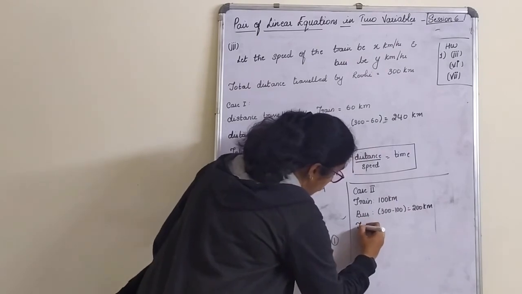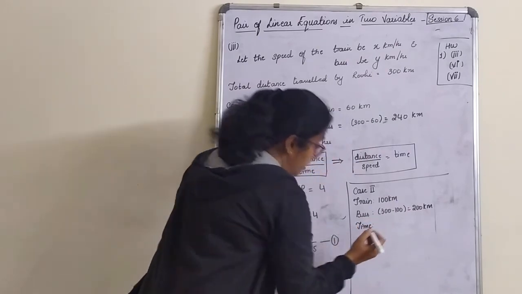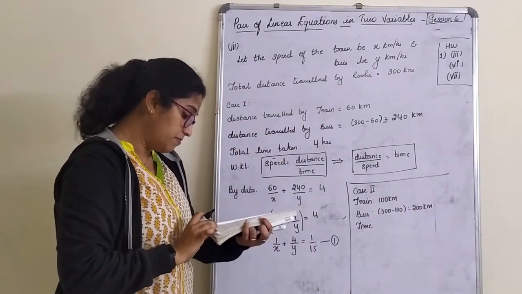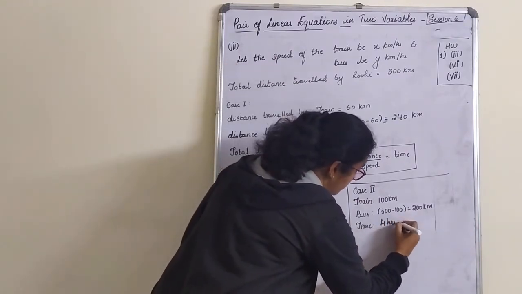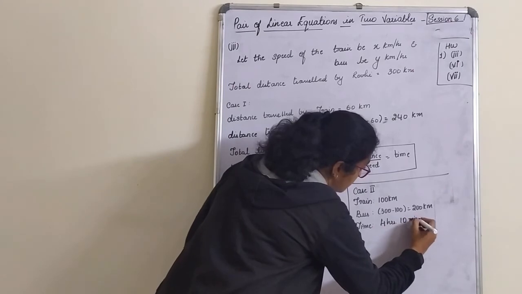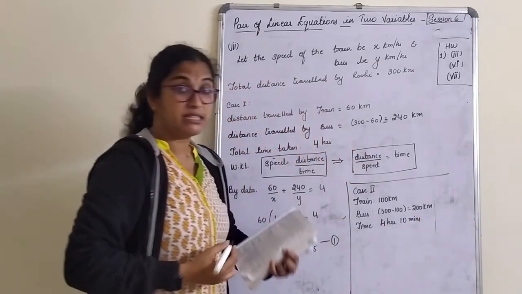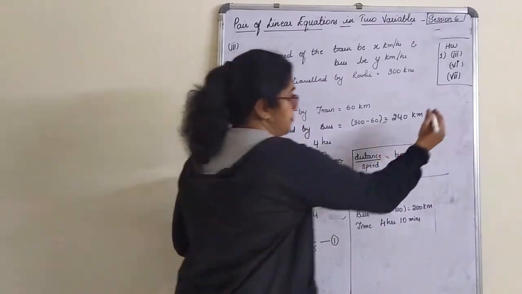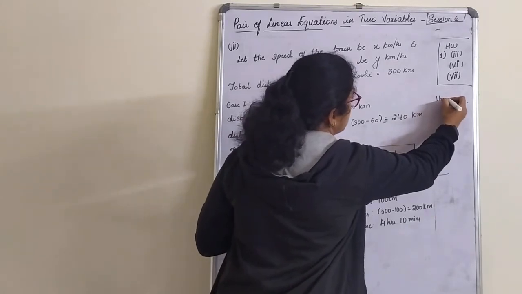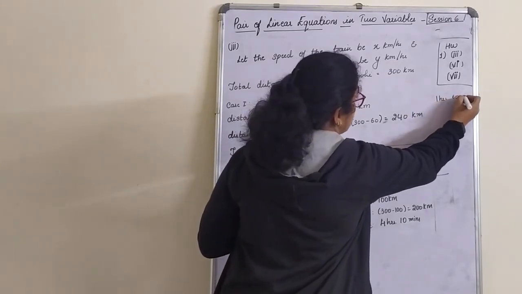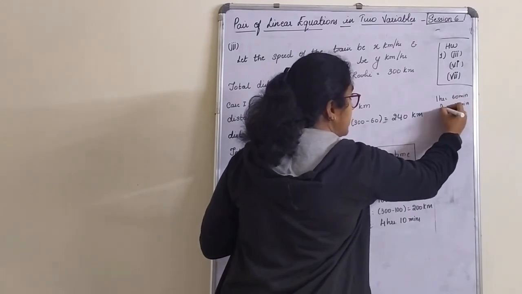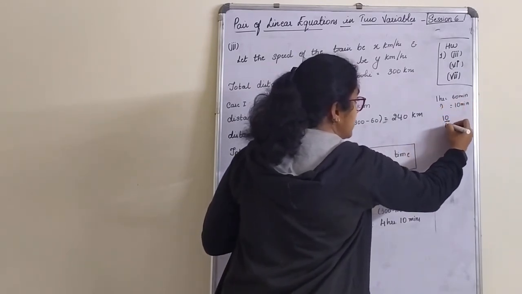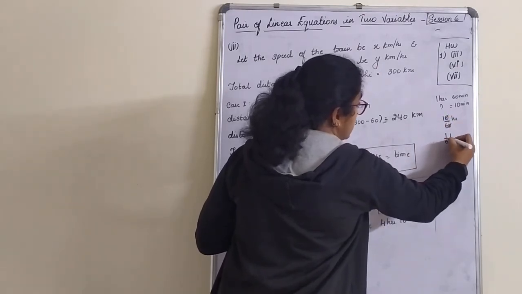Time taken is how much? Time taken is 10 minutes longer, so this is 4 hours 10 minutes. How to write this 10 minutes in terms of hours? 1 hour is equal to 60 minutes, so 10 minutes is 10 by 60 hour, which is 1 by 6 hour.